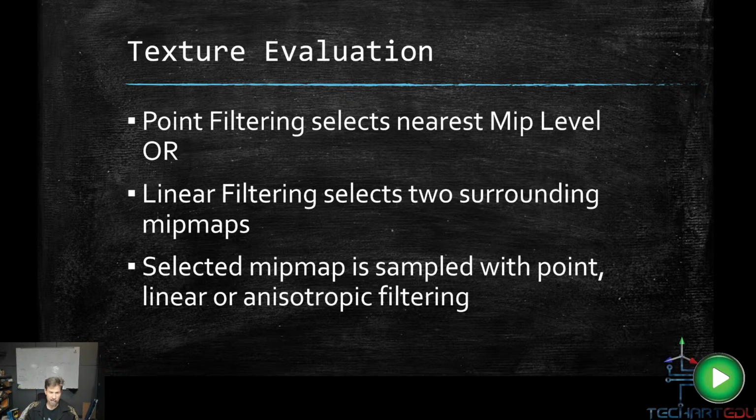We have point filtering, which takes whichever MIP level is closest to the pixel center, either the upper one or the lower one. Or it'll use linear filtering, which selects the two surrounding MIP maps, the upper one and the lower one, and then blends between the two. It does a lerp between the two, depending on which one the pixel is actually closest to.